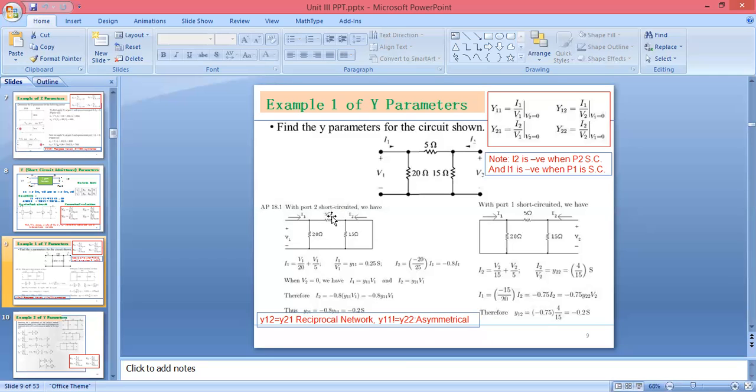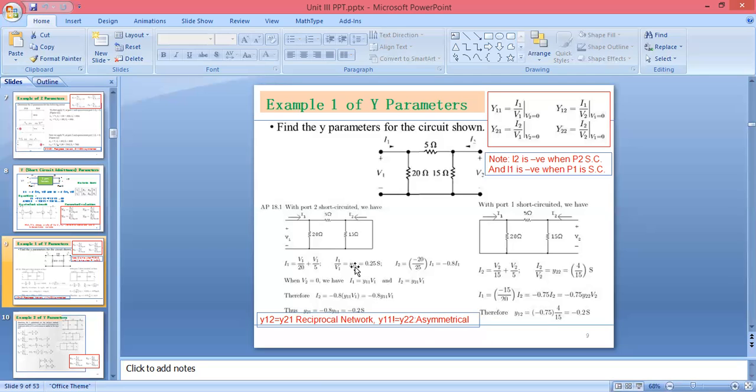Again for 5 ohm, V1 upon 5. So after solving this, you will get I1 upon V1. That will be nothing but admittance, because admittance is the reciprocal of impedance. V1 upon I1 क्या था? It is nothing but the Z parameter. It is the impedance. The opposite of impedance, I upon V, that will be your admittance.